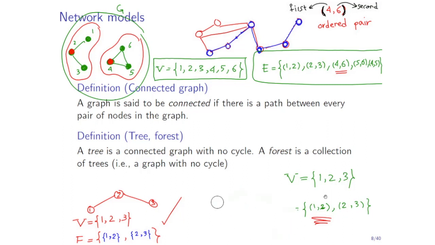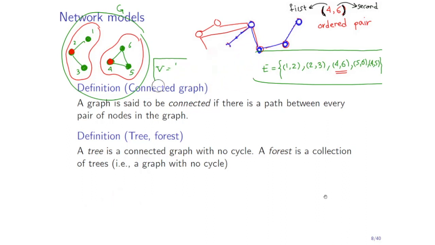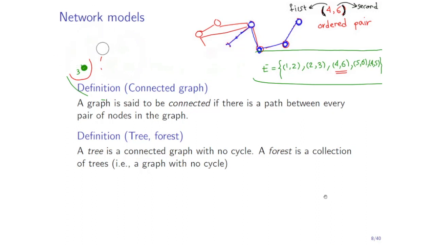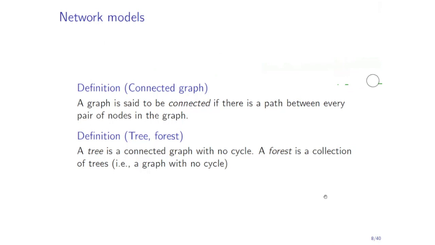Okay, we define what is a connected graph. As I said, the definition is very intuitive. If everything is connected to other things, then it's a connected graph, otherwise it is disconnected. Now the last piece of definition that I have here is the concept of tree and forest. In graph theory, a tree is a connected graph that has no cycle.